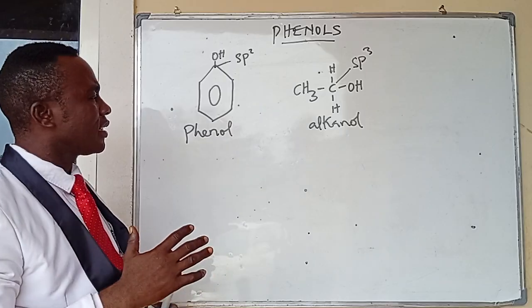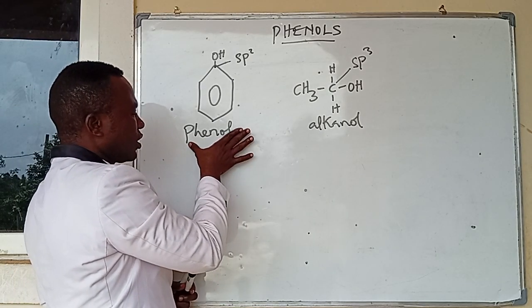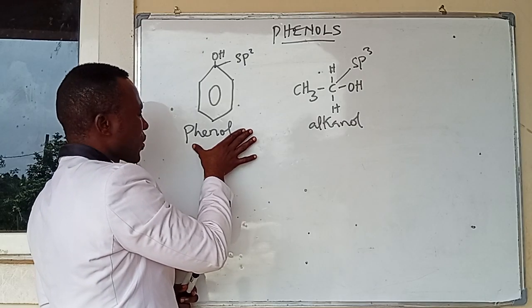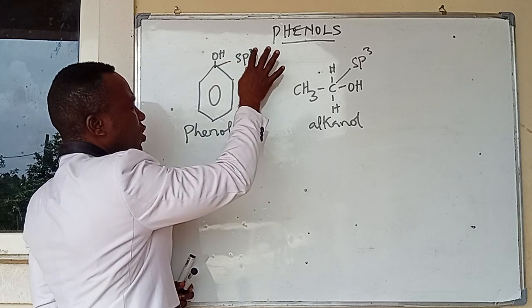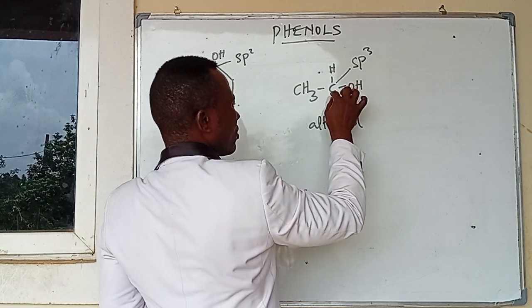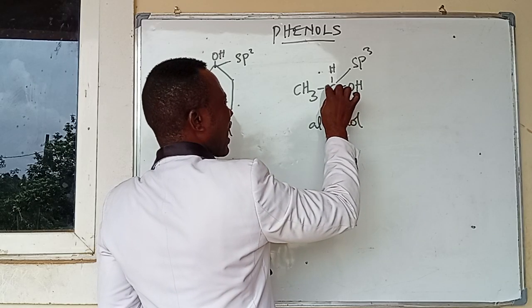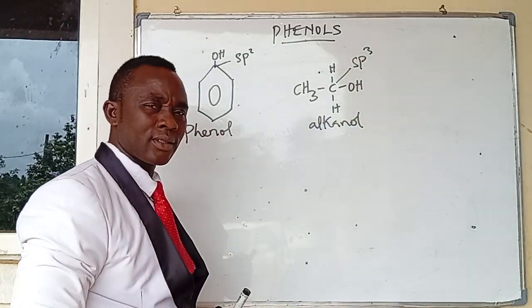So that is the difference between alkanols and phenols. In phenols, the OH is bonded directly to the aromatic ring, the benzene ring, and the carbon is sp2 hybridized. While for alkanols, the hydroxyl group is bonded to a carbon that is sp3 hybridized.